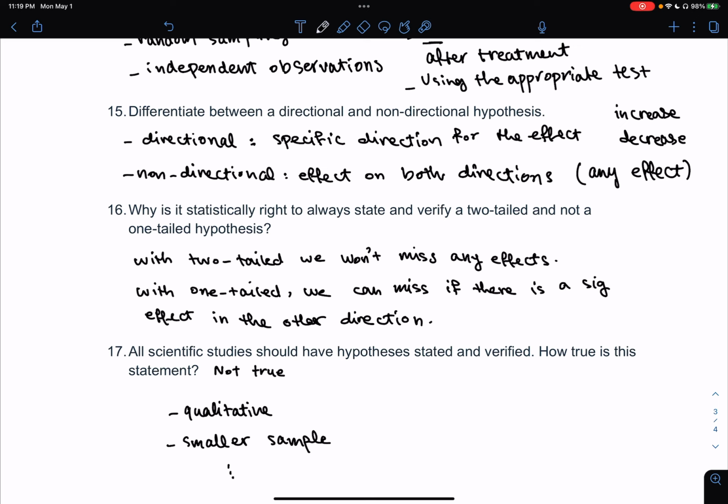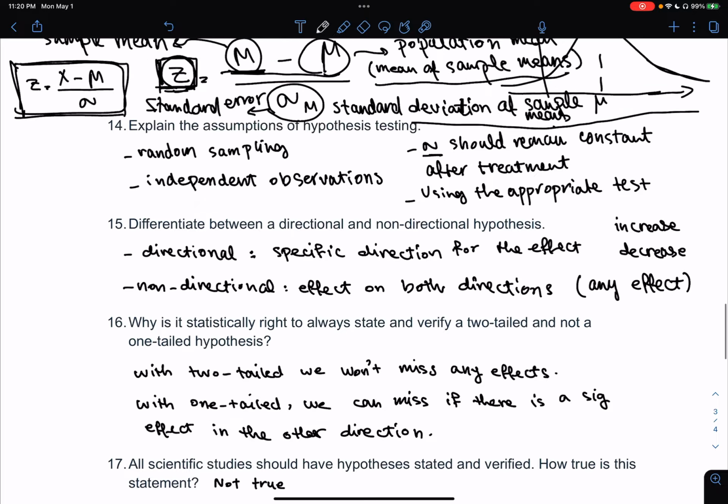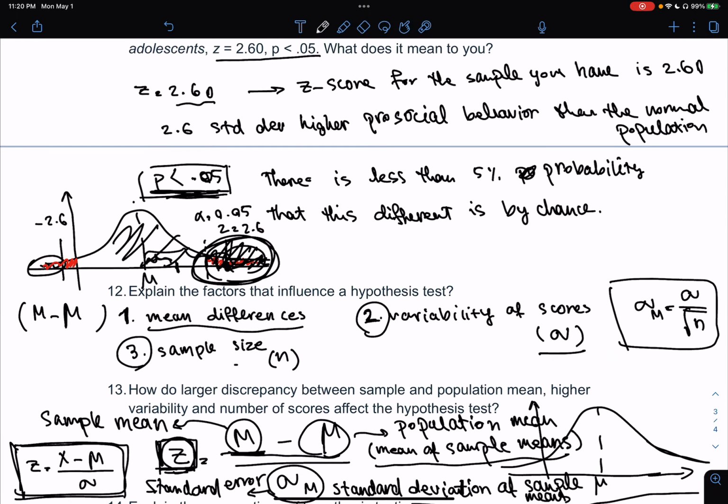Why is it statistically right to always state and verify a two-tailed and not a one-tailed hypothesis? So again, the same with directional and non-directional. A directional hypothesis will require a one-tailed test, but the non-directional will require a two-tailed test. So if we go back here, directional might only look at this area.